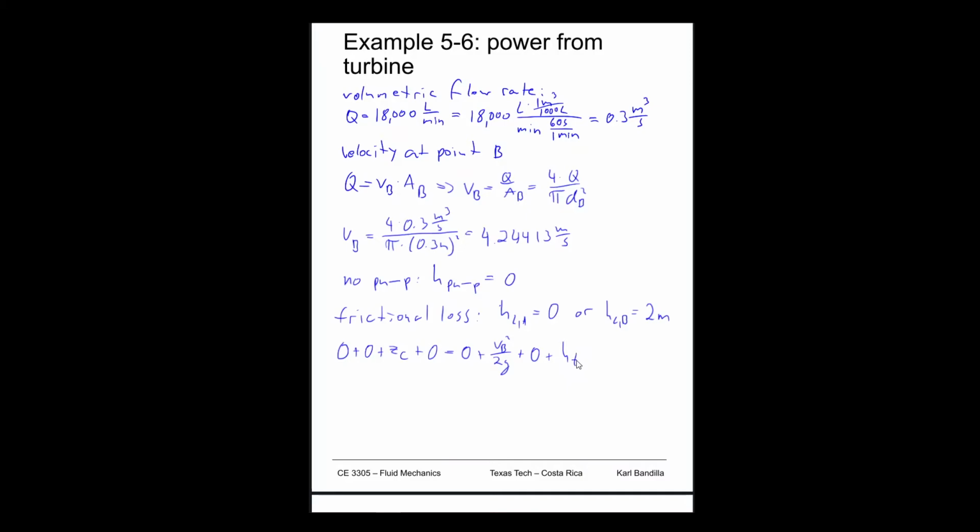We want to find out what H turbine is, and then we'll have the two different HLs. So we can solve that for H turbine. That's whatever we have left over here, so that's ZC minus VB squared over 2G minus HL.